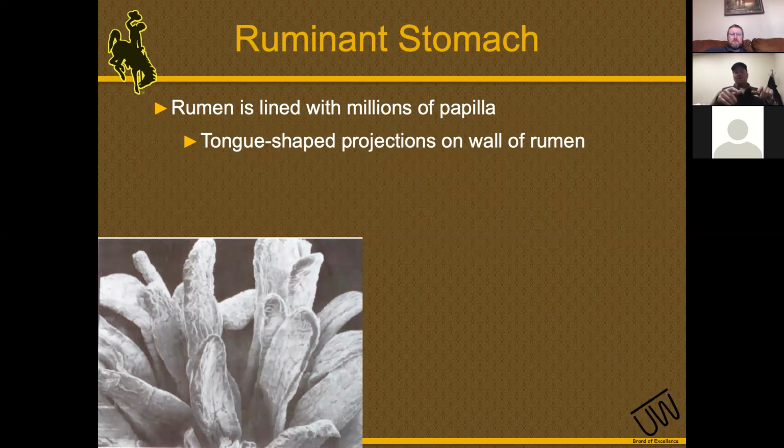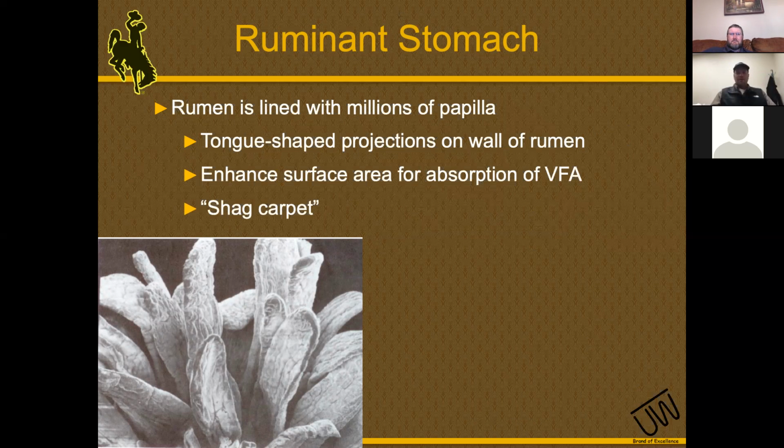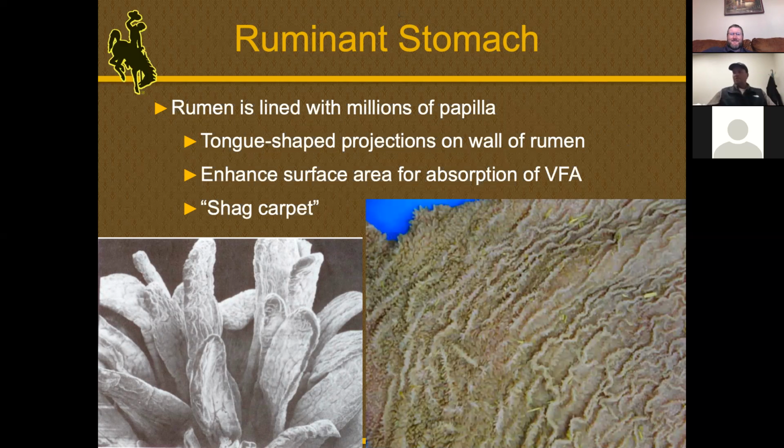And it's actually healthier the higher the pH. So when you're in a feedlot animal and it's a low pH, it's not quite as healthy. So the papillae are smaller, and plus the VFA, there needs to be more room for absorption. Kind of looks like a 70s shag carpet. There would be an actual picture of what that would look like.